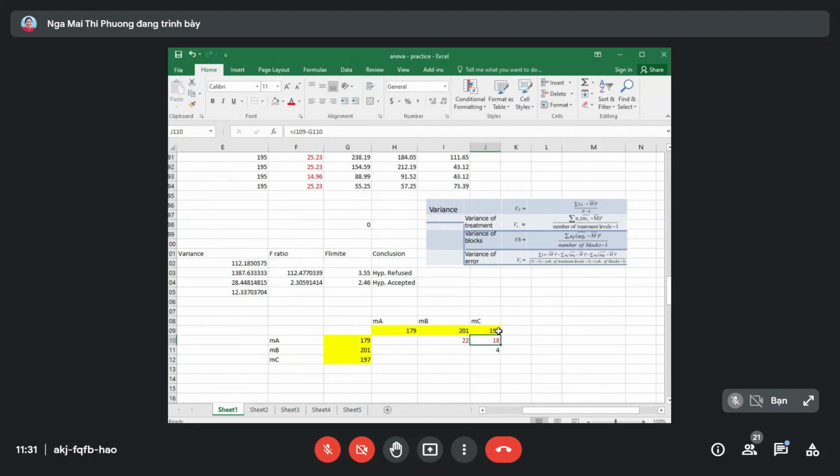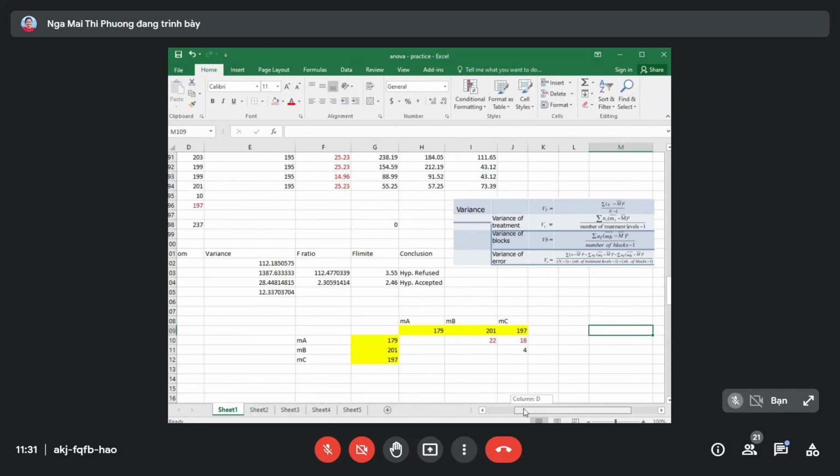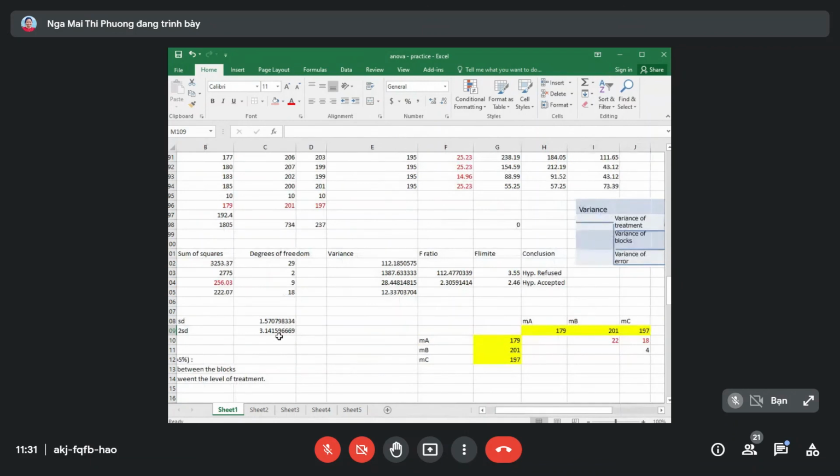Okay, so what is the conclusion? 2SD equal 3.14. What is the conclusion?